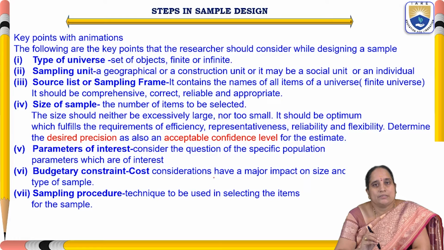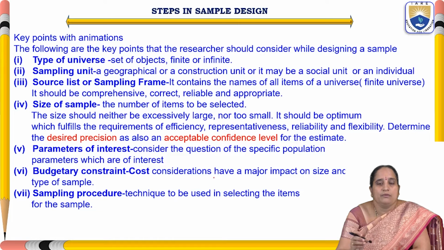The next one is the source list or sampling frame. How are we going to get the samples? What is the source to identify the sample units? It includes the names of items which we have taken from a specific population, a specific universe.